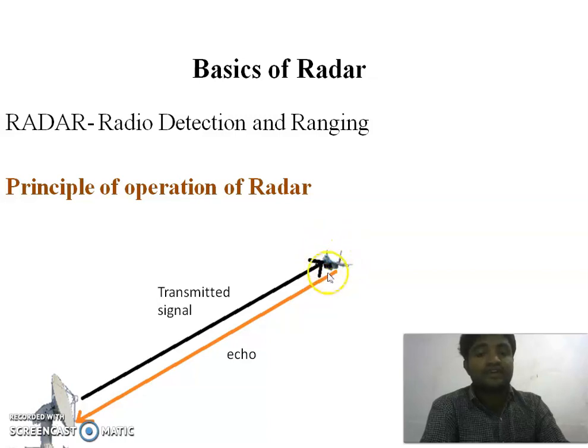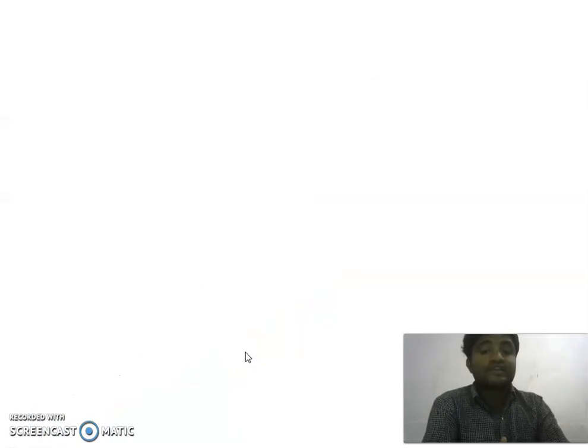The radar transmits an electromagnetic signal, and whenever it hits the target, some of the energy is reflected back. This reflected energy is called echo. Let's see the next example.